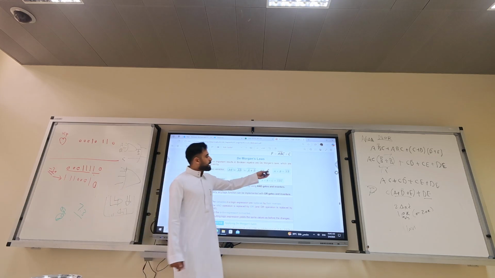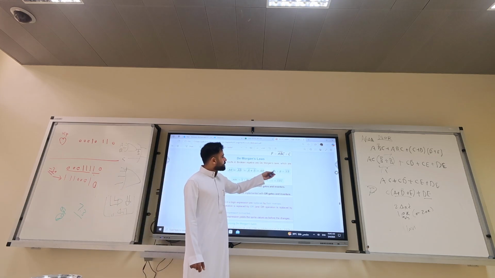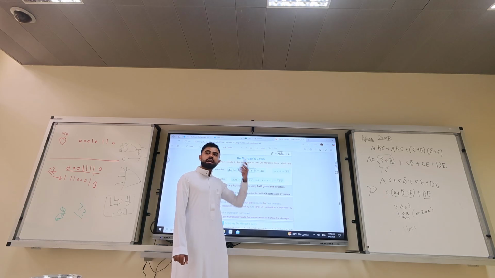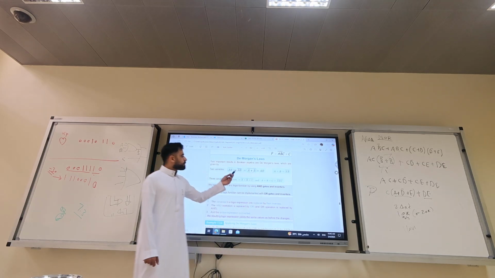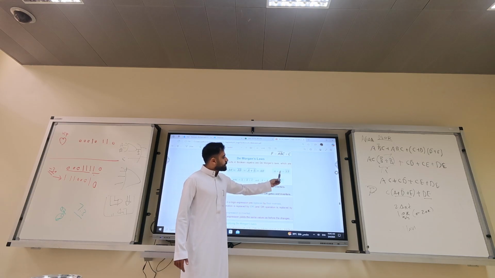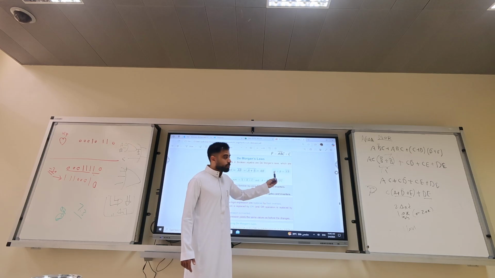The other example, A ORed with B. If you want to find the De Morgan version, you convert every AND to an OR, and every variable take its negation. How about A ORed with B? Replace every OR with an AND, so this OR becomes an AND.